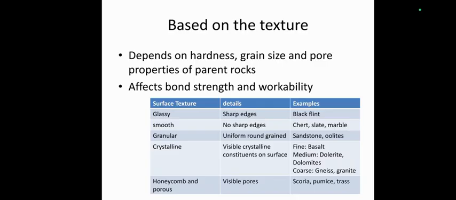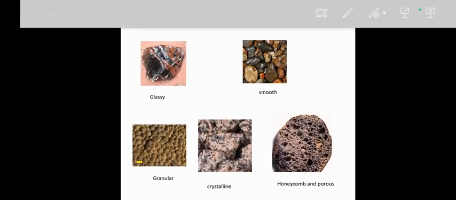Crystalline means we can clearly see the crystal patches. And the last one is honeycomb or porous, which will absorb a lot of water. These are the pictures showing a glassy aggregate which is very shiny. Next one is smooth, this third one is granular, this one is crystalline, and this one is honeycomb.